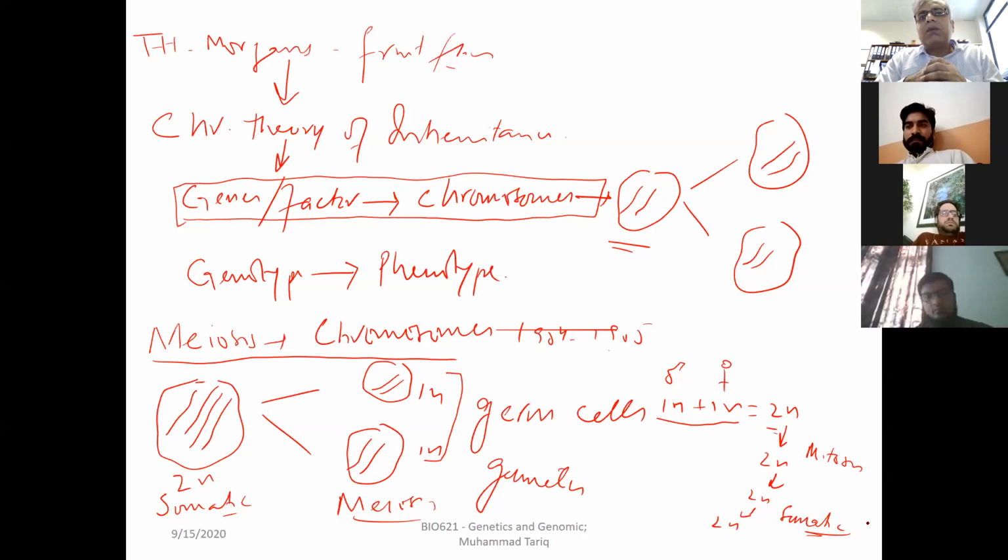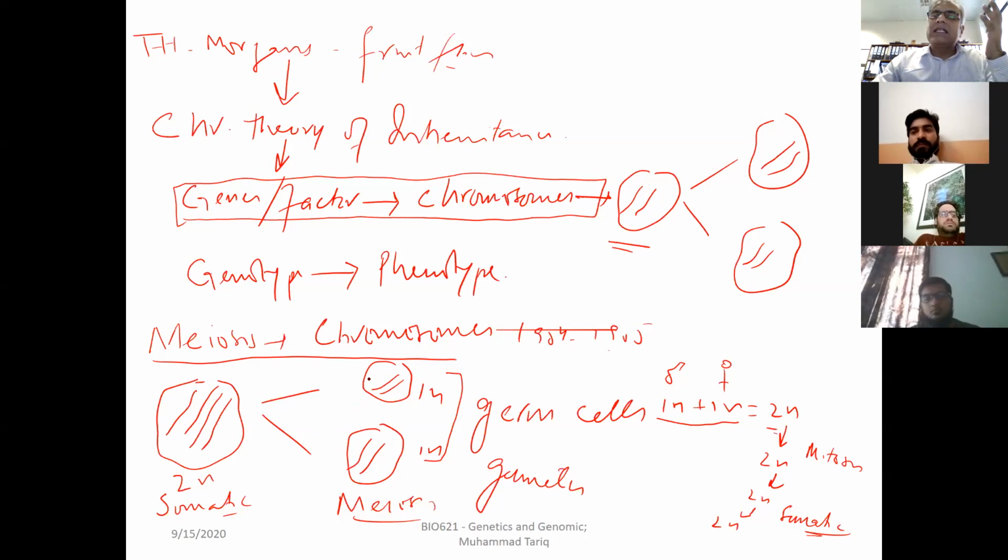They discovered that what Mendel referred to as factors, where only half of the factors go to the next progeny, was actually Mendel assuming meiosis. Those factors must be present on these entities which they call chromosomes.